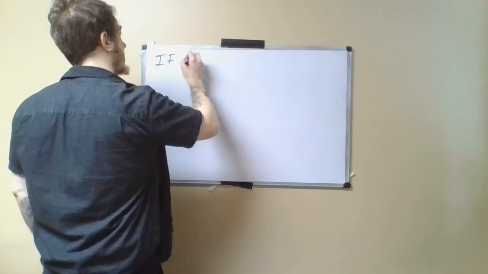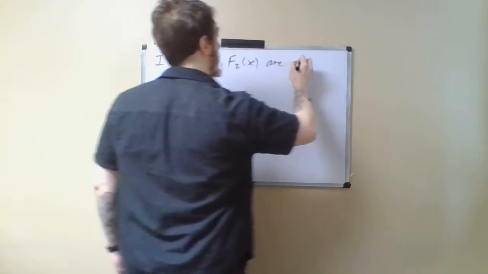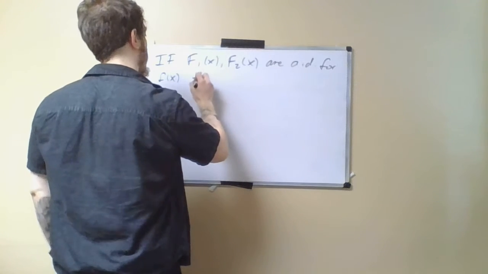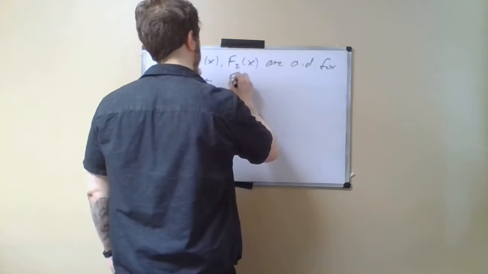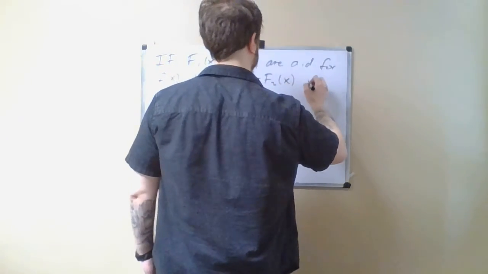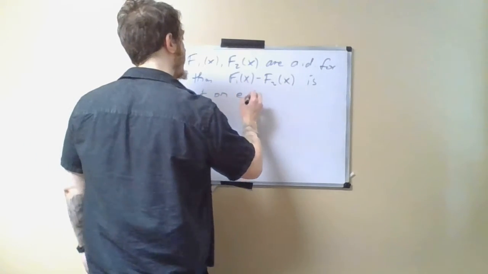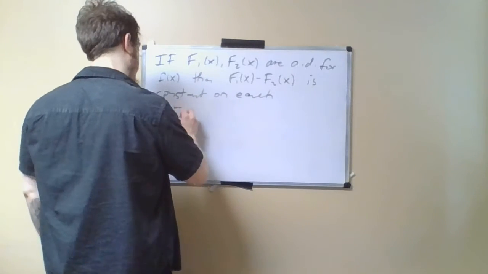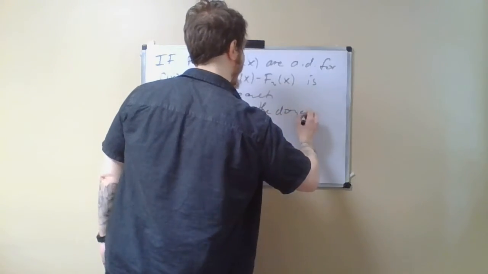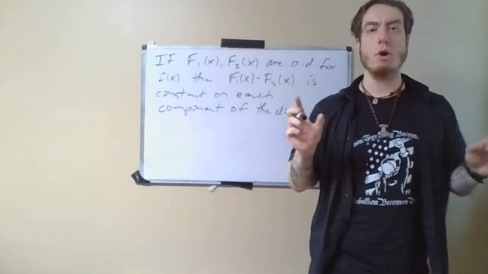If f1 of x and f2 of x are antiderivatives for little f of x, then f1 of x minus f2 of x is constant on each component of the domain.